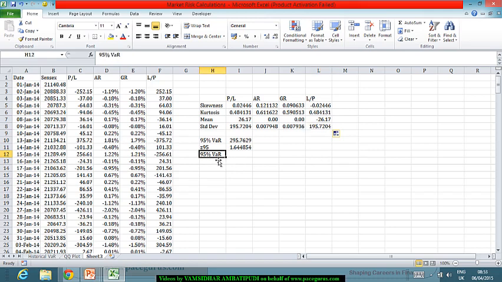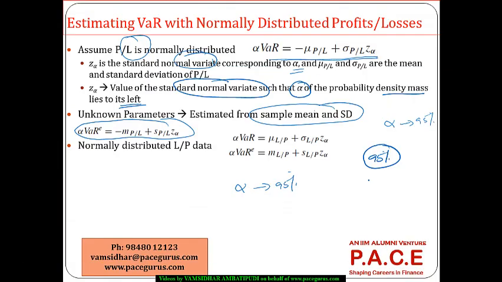If I'm going with the LP data here, I'll simply take the 95% VaR as nothing but mean plus standard deviation times Z95, straightforward, which will give me the same. So depending on whether I am dealing with the profit loss data or loss profit data, I have to use the formula appropriately.